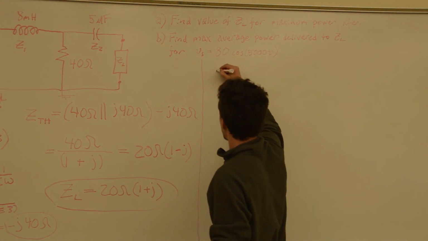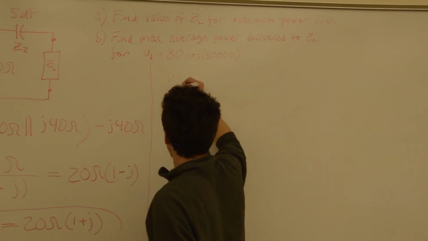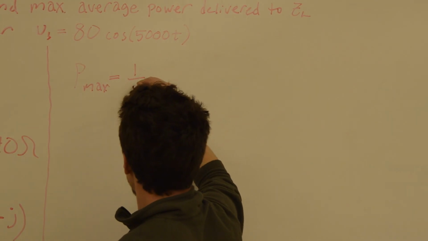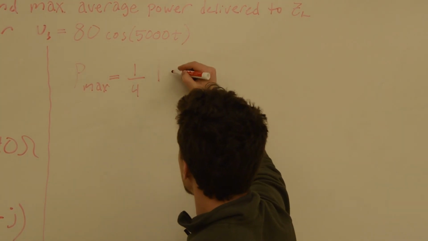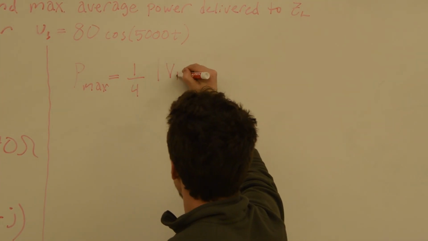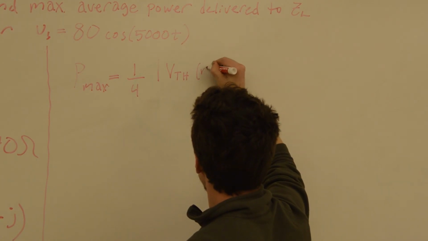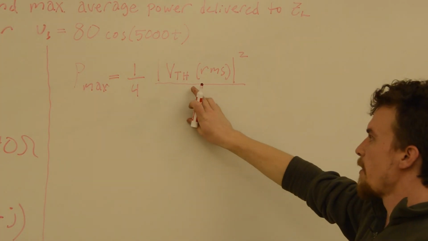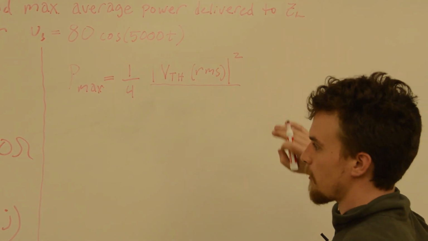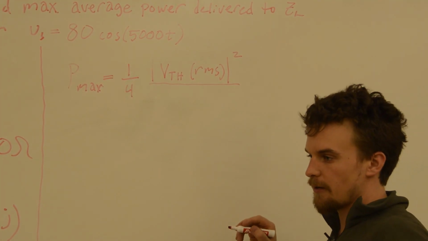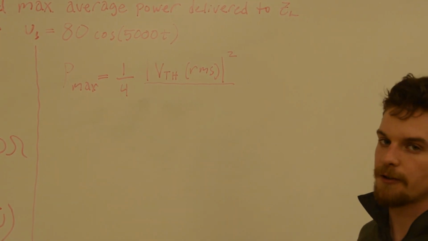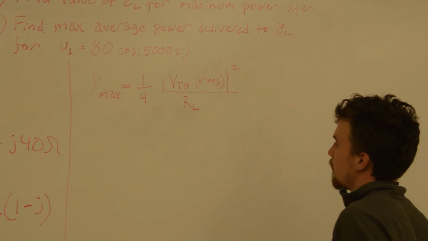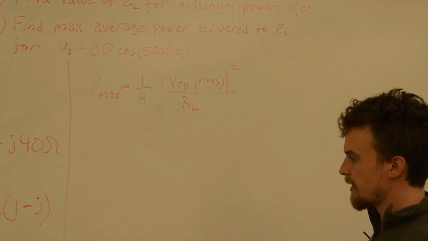The formula for maximum power is 1/4 times the square of your Thevenin voltage, the RMS value of your Thevenin voltage, which is basically the effective voltage, divided by RL, the resistive part of our impedance.